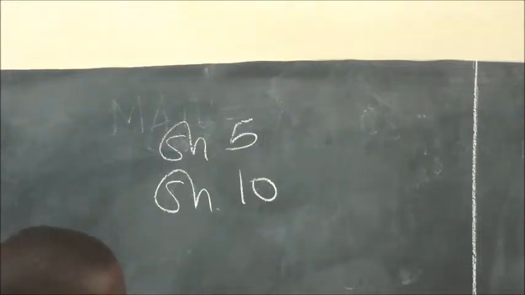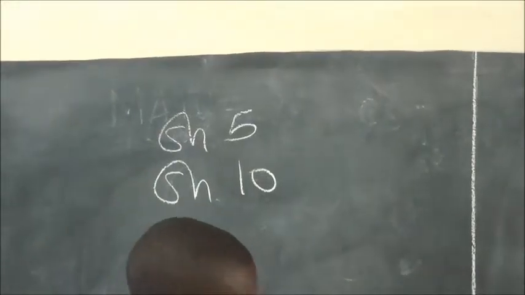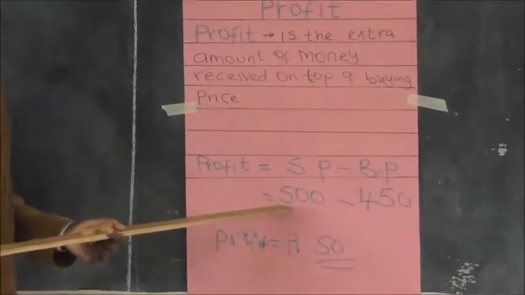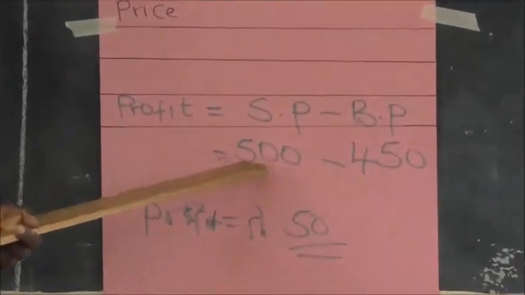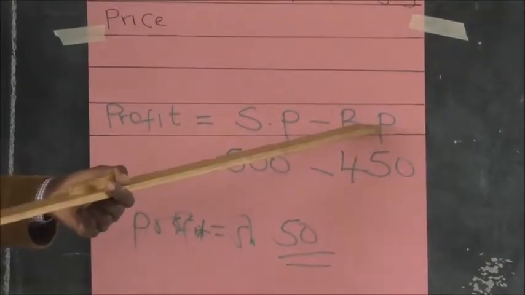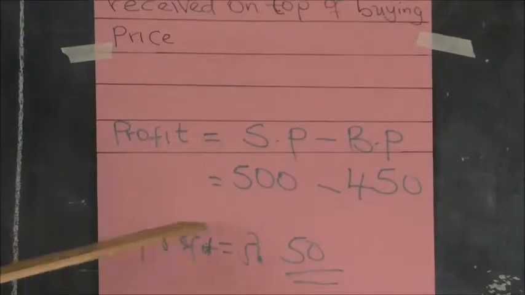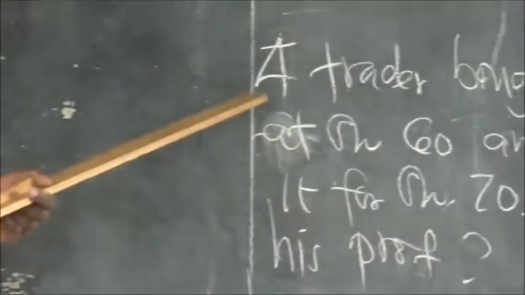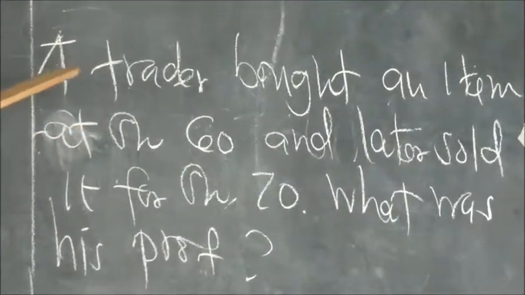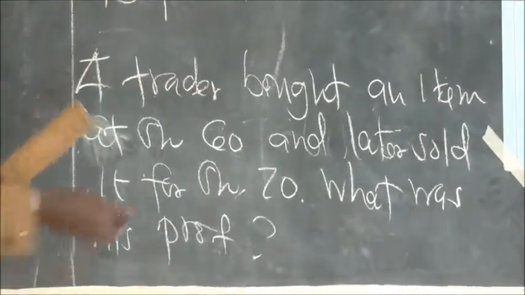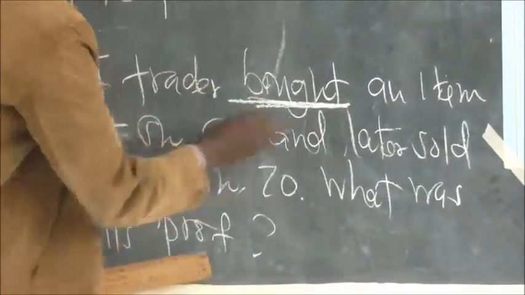Now, as I explained here, for you to be able to know the profit, one, you need to identify the selling price. Two, you need to identify the buying price. From the two, you'll be able to calculate the profit. So let's go back and read our statement. They said, a trader bought an item. Now the word bought here refers to the buying price.